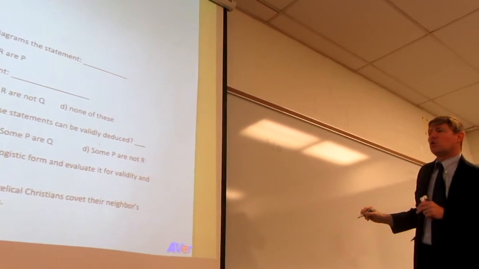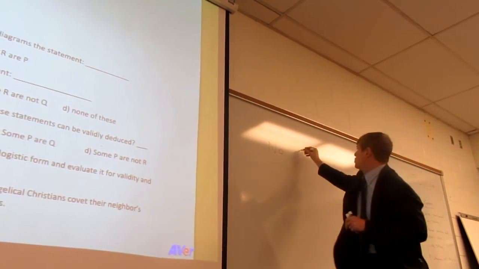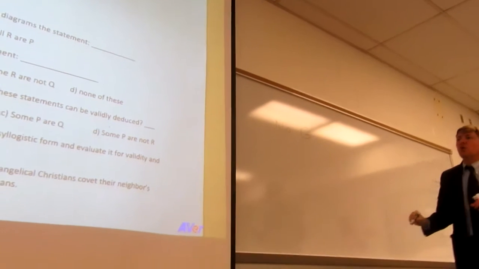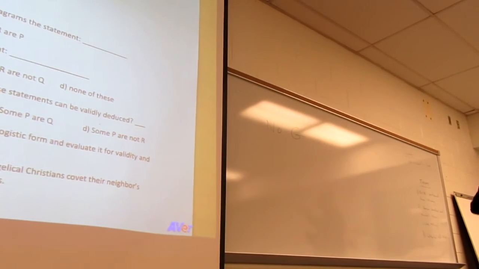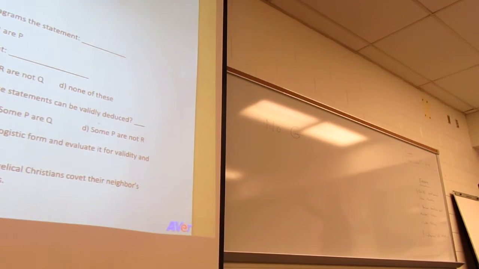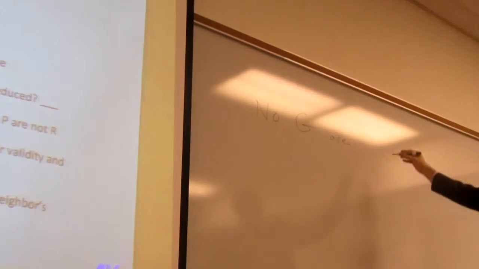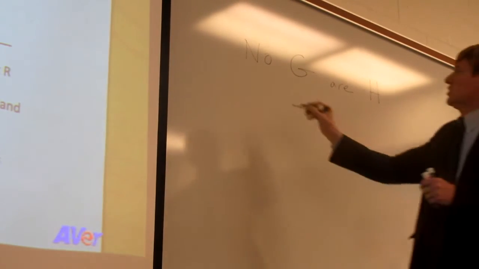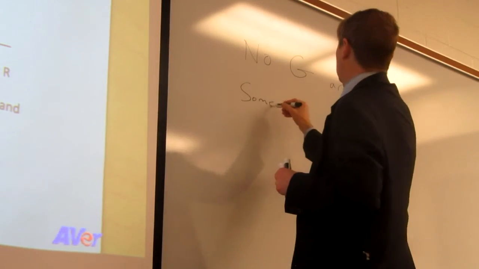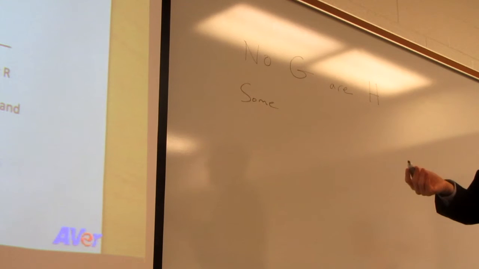No good Christians, how about we use G for that? Since Christian shows up another place, I'd rather not use C here, so we'll say no good Christians are persons who covet their neighbor's house. Some evangelical Christians, some of you used E for that, understandably.